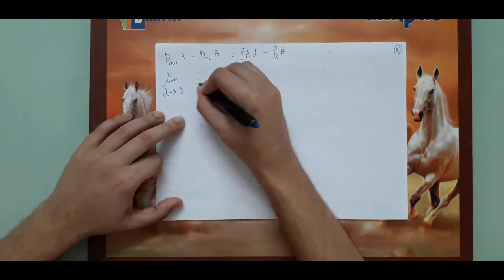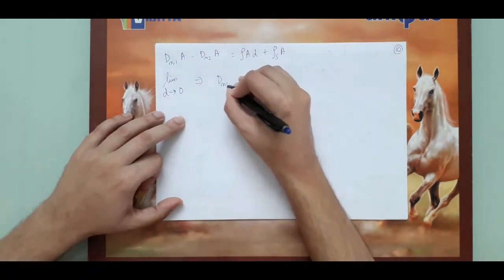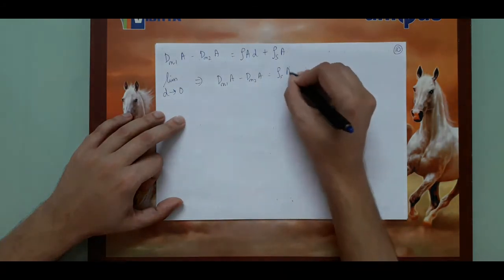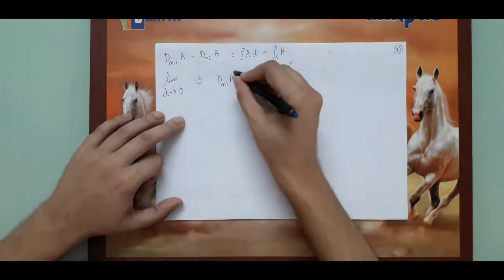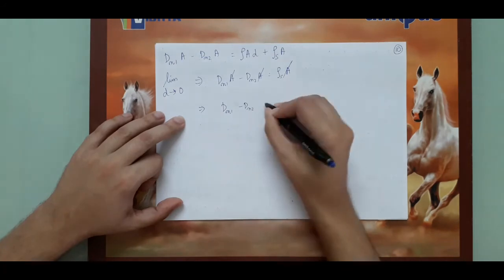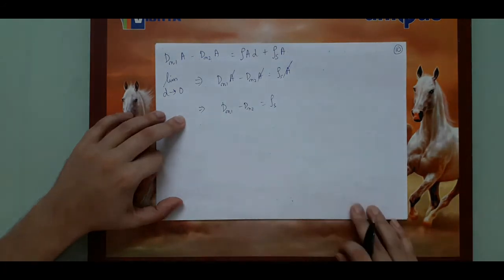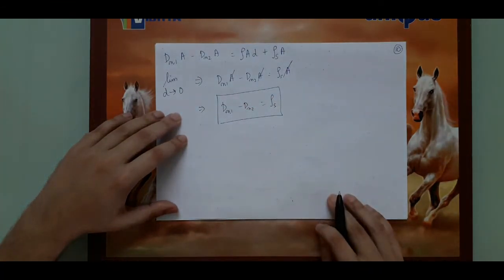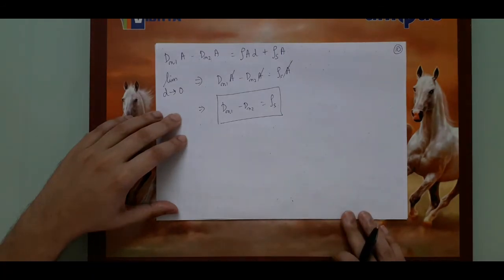So then I will get Dn1 A minus Dn2 A is rho s A. So I can cancel out these A terms, and Dn1 minus Dn2 is equal to rho s. So what we can see, the normal component of the displacement, the electric displacement, they differ by the surface charge density between the two medium.